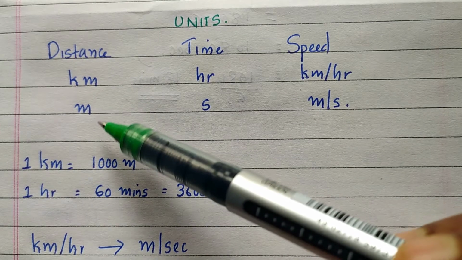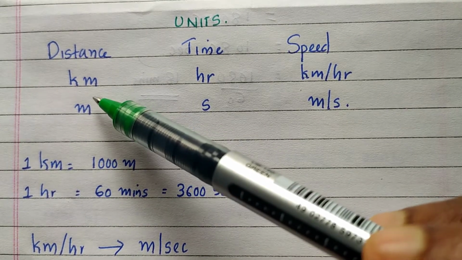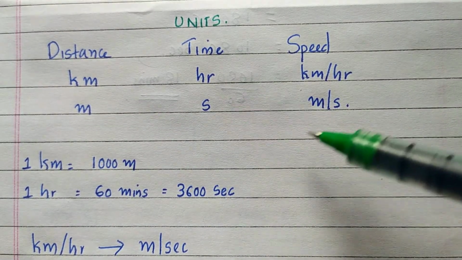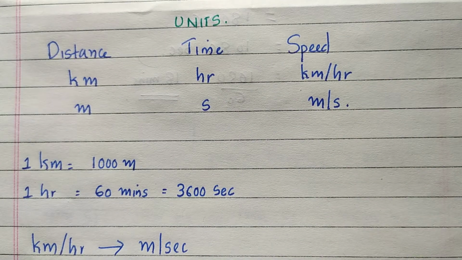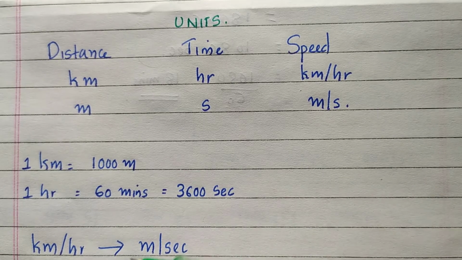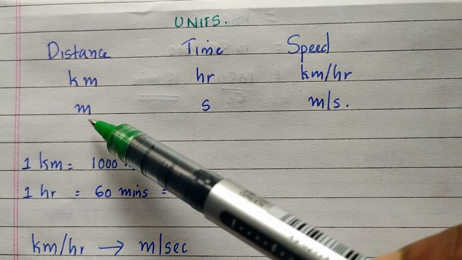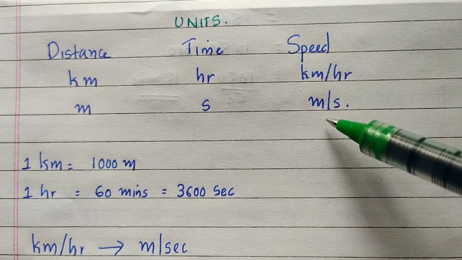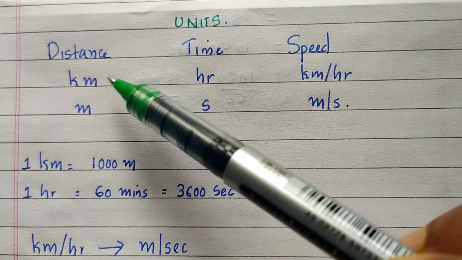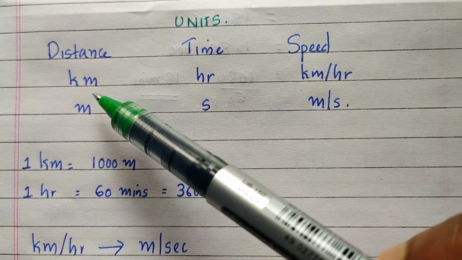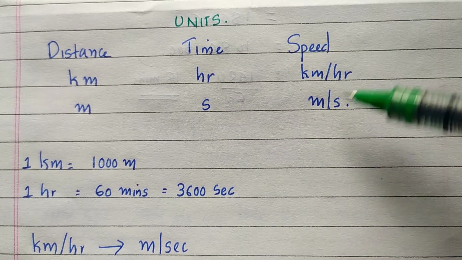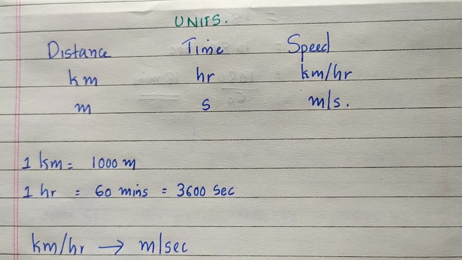So we have to use larger units. So we use kilometer, hours and kilometer per hour for solving the questions that involve larger distances. So basically the standard units are meter, second and meter per second. For larger distances we use kilometer, hours and kilometer per hour.